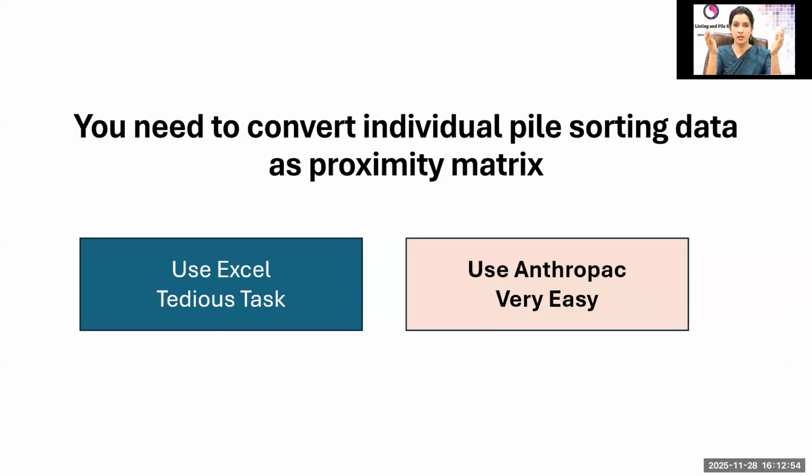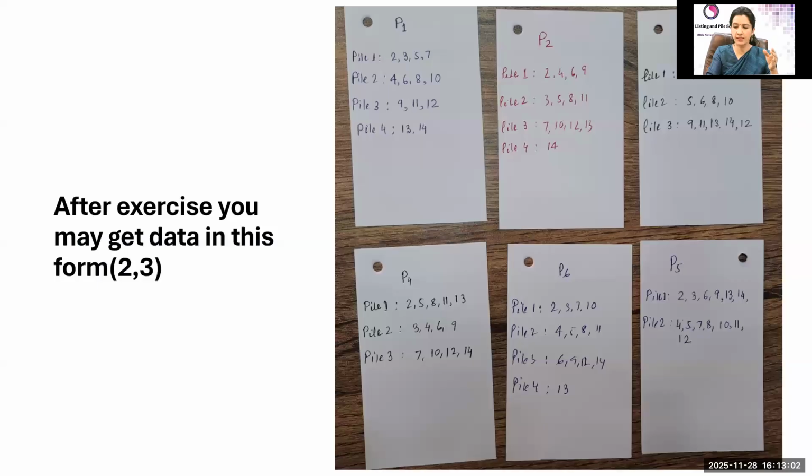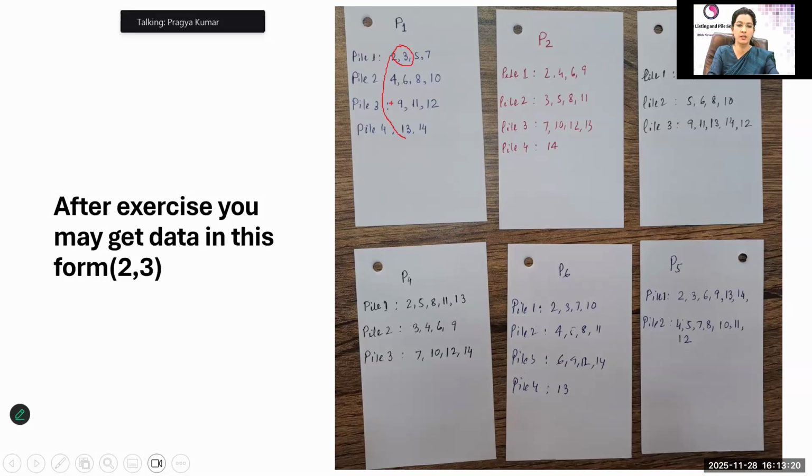The closer items are visualized as piles at a close distance. The software automatically assigns a distance in the background. So the distance between 2 and 3 will be less as compared to the distance between 2 and 13, because they are not in the same pile.